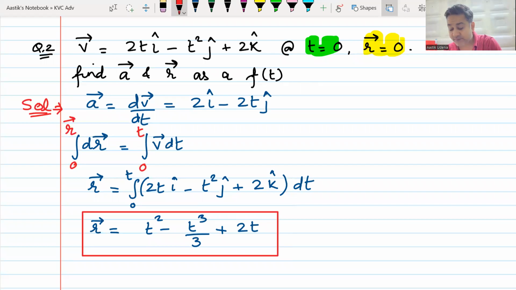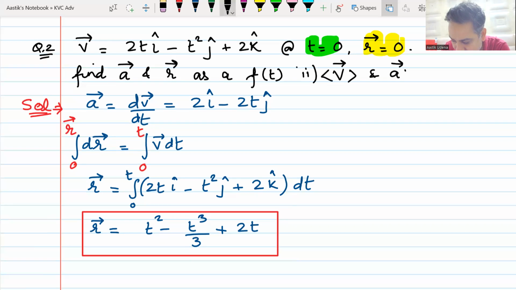Now I can ask you a variety of questions here. For example, the first question that I am going to frame now, after this, let us say this is question number 2. Find v bar and a bar from 0 to 1 second.